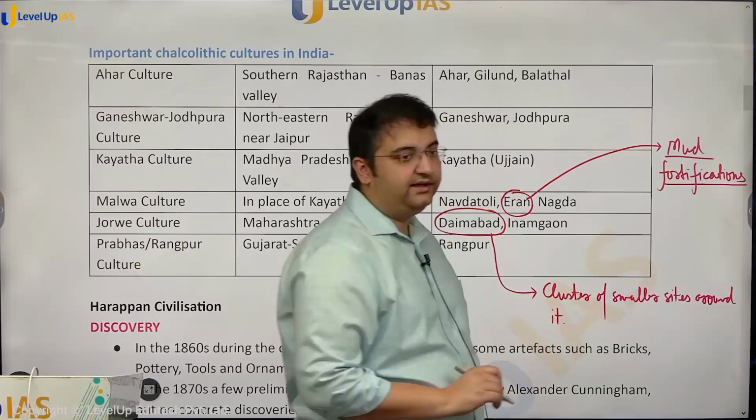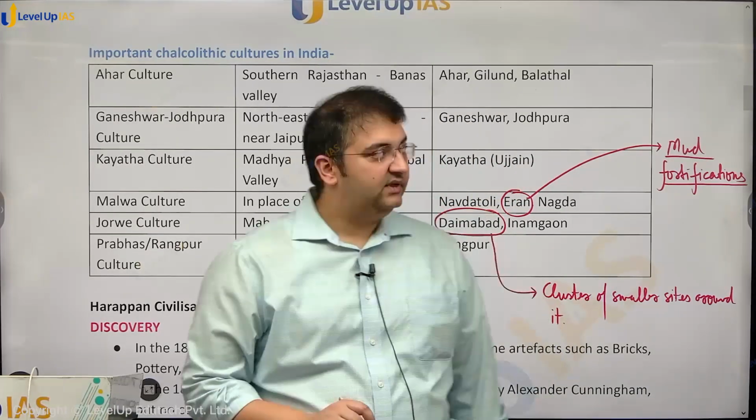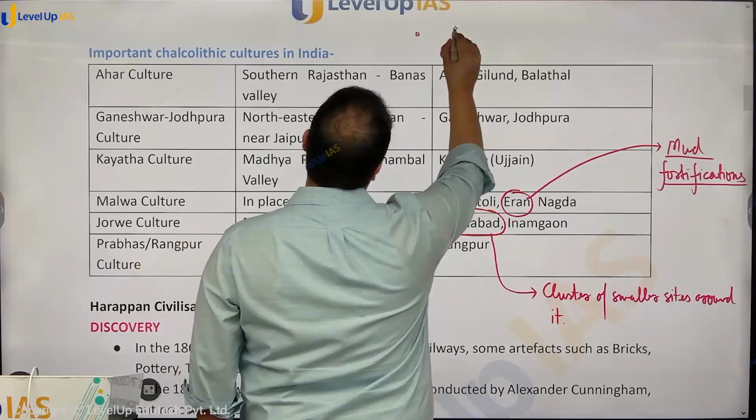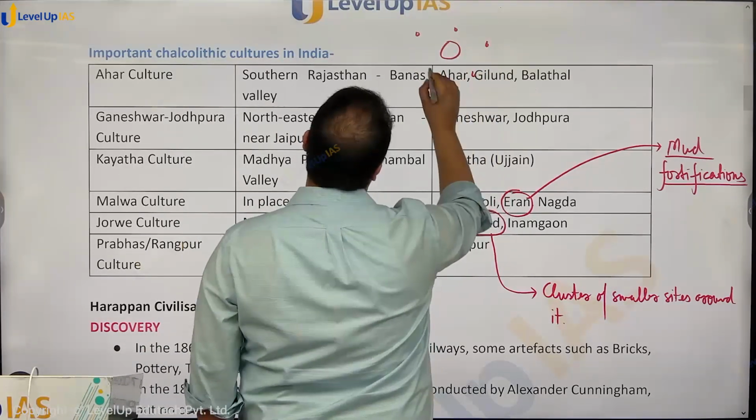What does this indicate? That there is a larger site in the middle and several smaller sites around it.